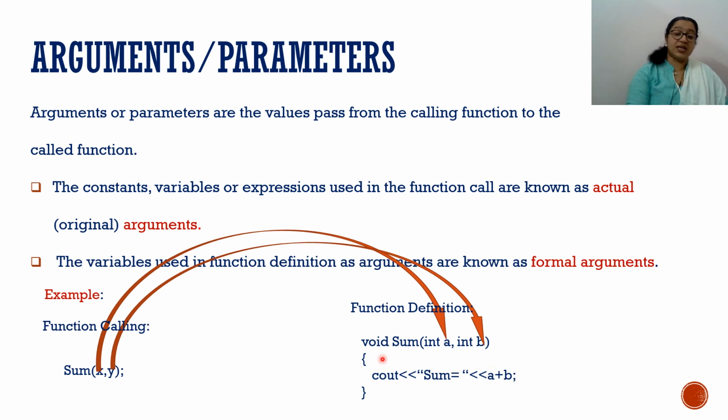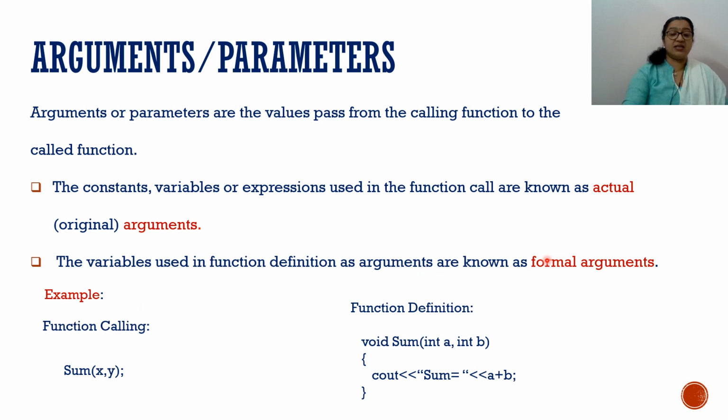So which one is actual here and which is formal? The variables used in the function definition as arguments are known as formal arguments. Now the function definition is this one, and the variables int a and b used for that sum function in brackets are called formal arguments.